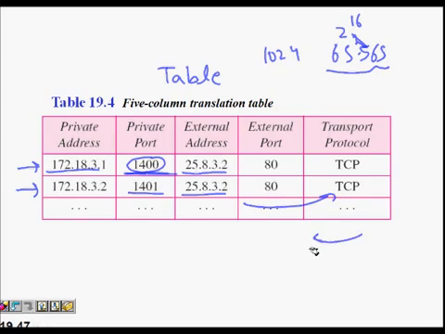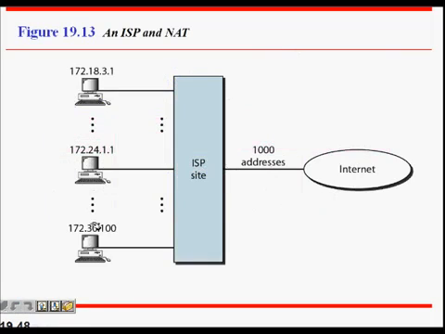So when the reply comes back, the destination port now becomes 1400 for 3.1, and for 3.2 it's 1401. Now again you will ask what might happen if both of them have port number 1400. But the probability of choosing the same number from a range of 1024 to something like 65k will be very small, so you will not have collision as such.